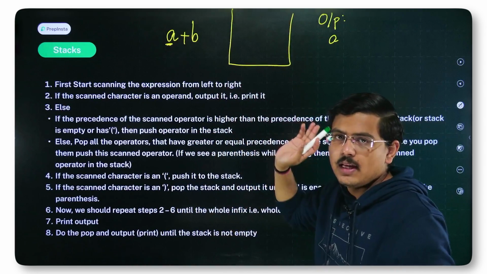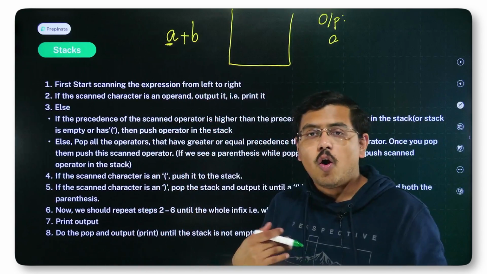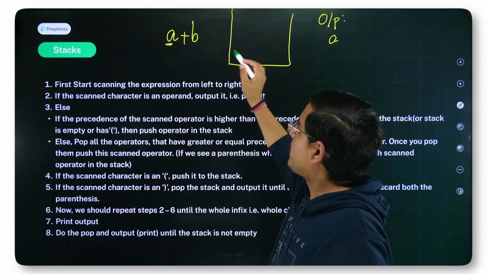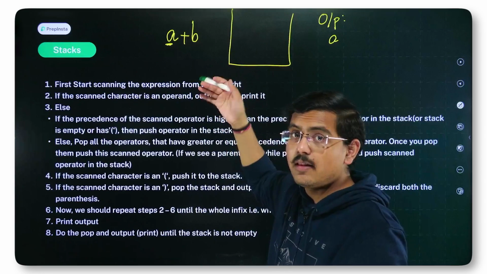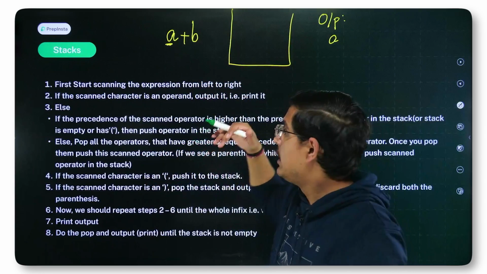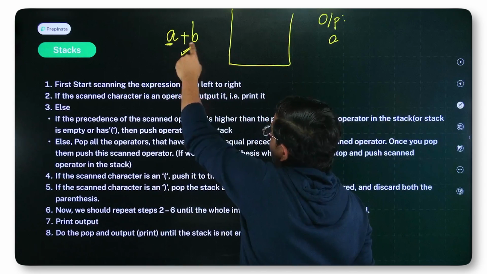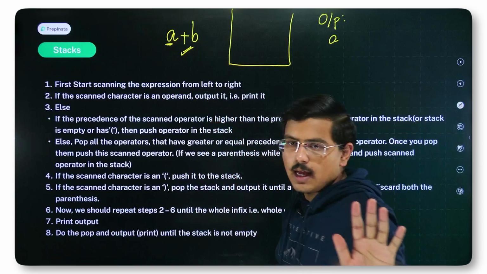If it is empty and I encounter an operator, push it. Or if I had an operator where the priority would have been same or greater, then the case would have been different. But if the priority of this particular operator is greater than what is lying here, then you push it. As simple as that.